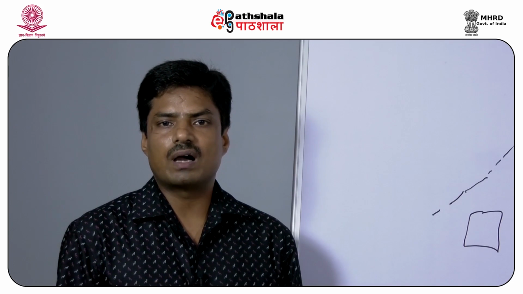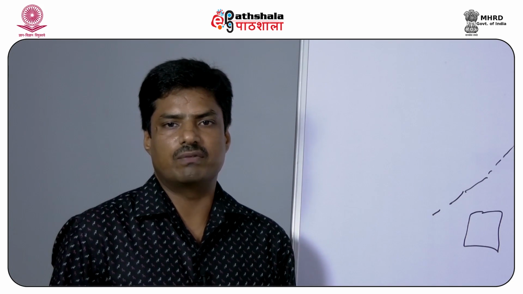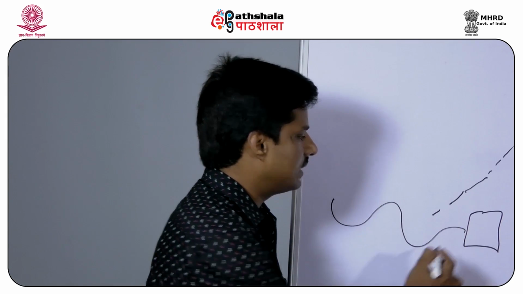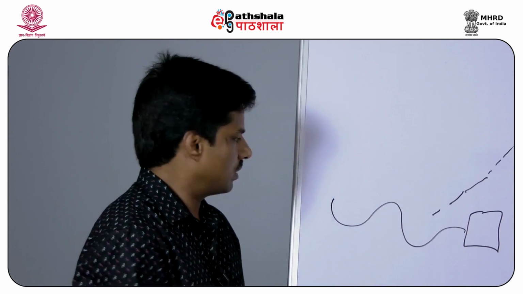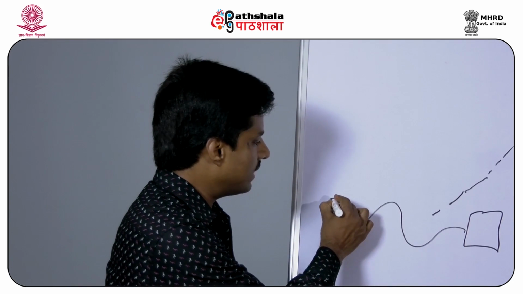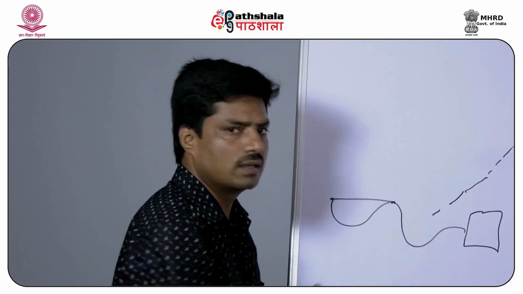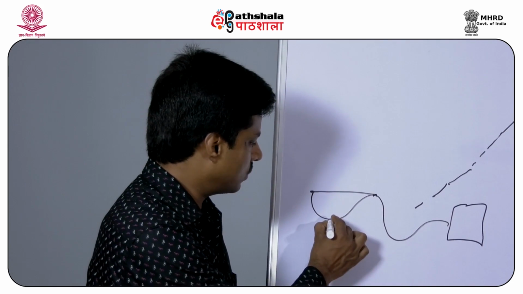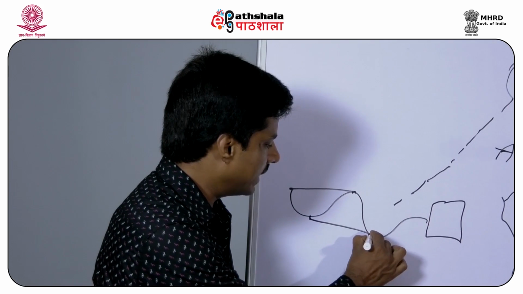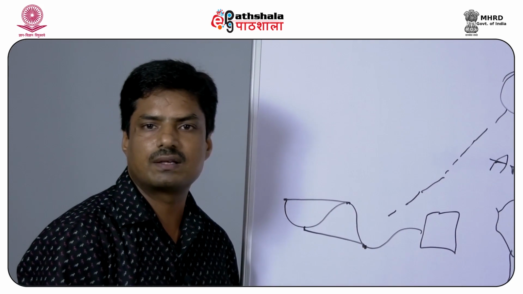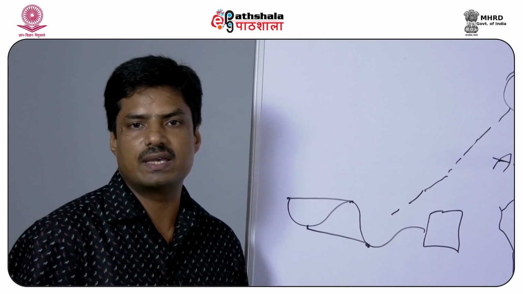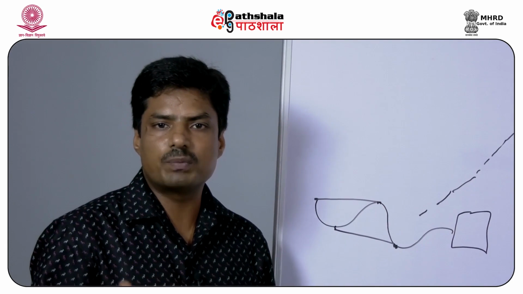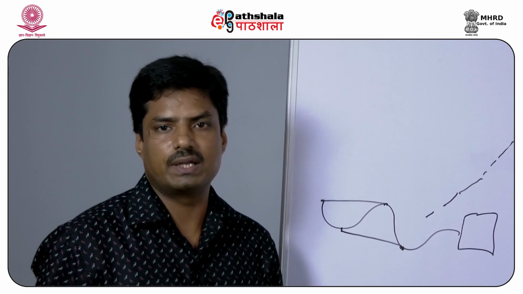Dear students, I would like to explain the wavelength. This I have drawn: the distance from one crest to another crest is known as one wavelength, or from one trough to another trough. And wave frequency is the number of waves passing a particular point in a particular time period.